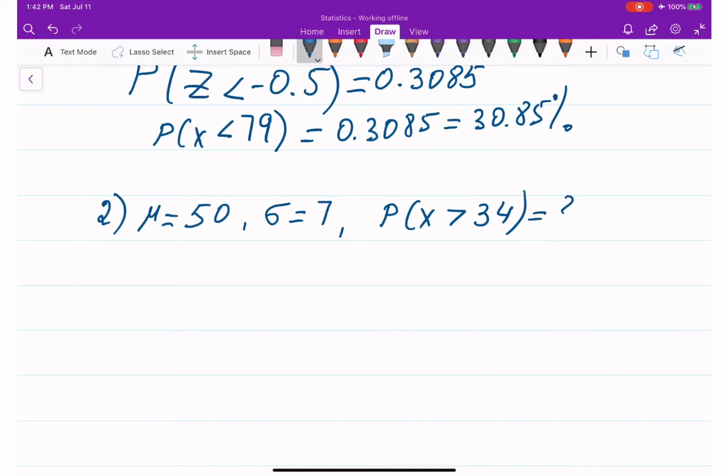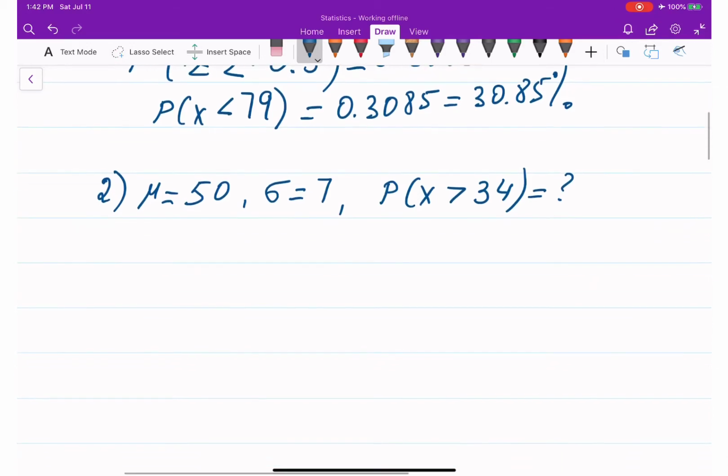I just told you that our table shows less than, which is left tail. So how are we going to deal with greater than? Very easy. Let's do some drafting.